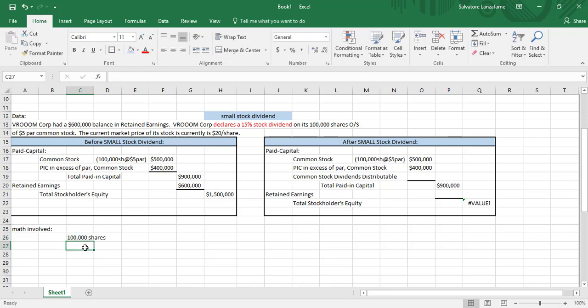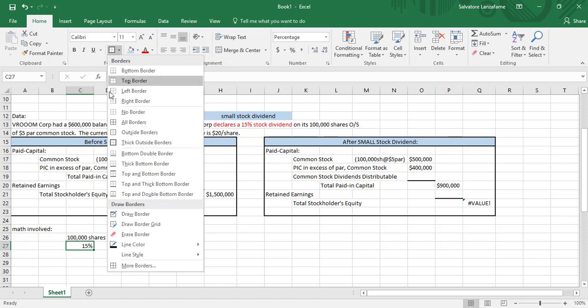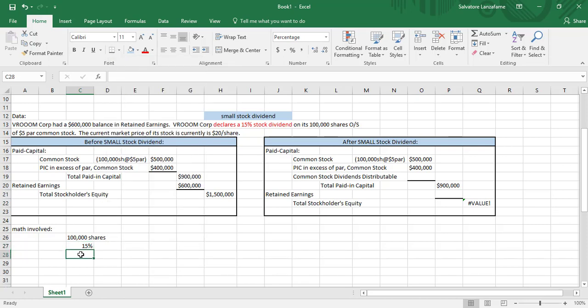and we're going to give them a 15% dividend. Nothing fancy. We're just going to take 100,000 times 15%, and that's going to give us 15,000 shares. So 15,000 extra shares are going into the pockets of these stockholders.